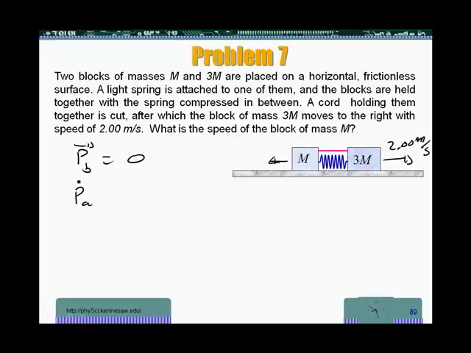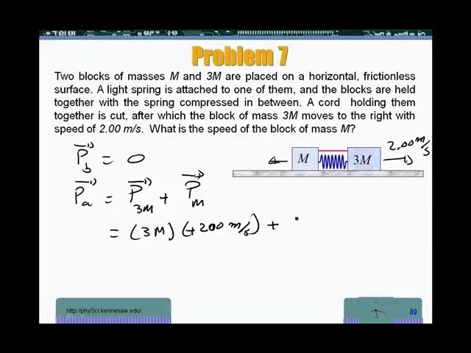Momentum after is going to be equal to the momentum of the 3m block plus the momentum of the m block. Now, the momentum of the 3m block is going to be the 3m mass times plus 2 meters per second if we take that direction as the positive direction.